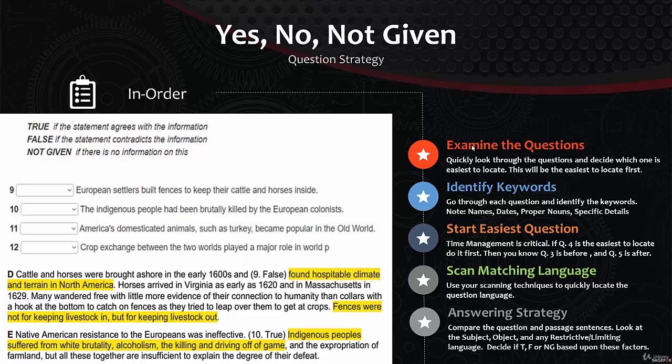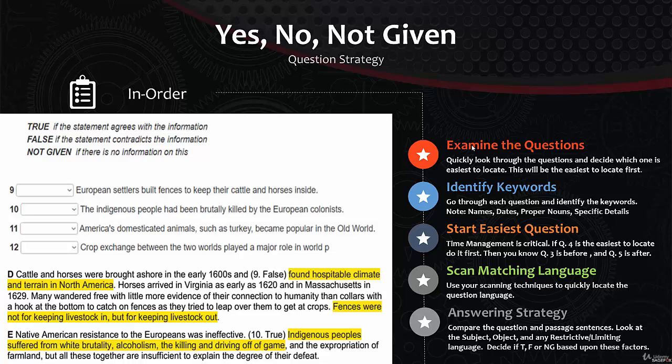So this is an example of false, because something has been changed. In number 9, it says the European settlers built fences to keep them inside. However, in the sentence I just read, it says that they brought the cattle and horses ashore where they found hospitable climate and terrain. That means they were allowed to go free. They were not kept inside, right? That is opposite. That is change. That is different. That's false.